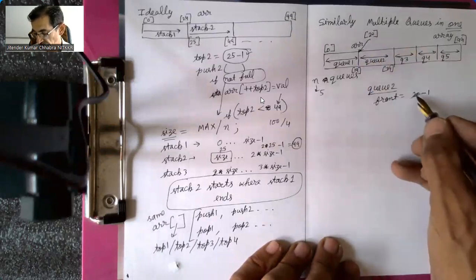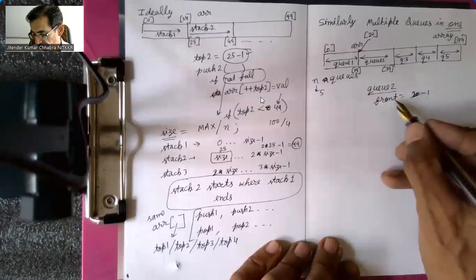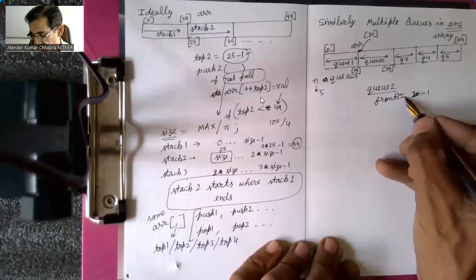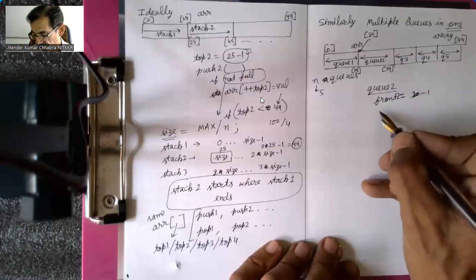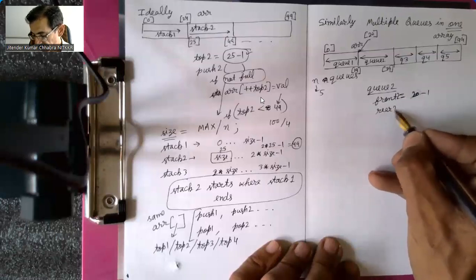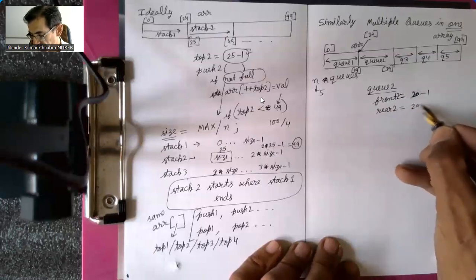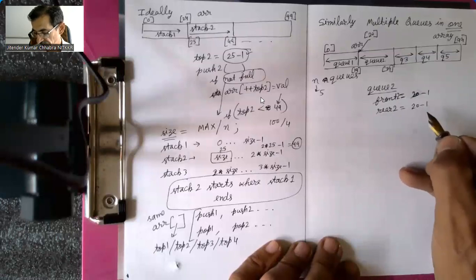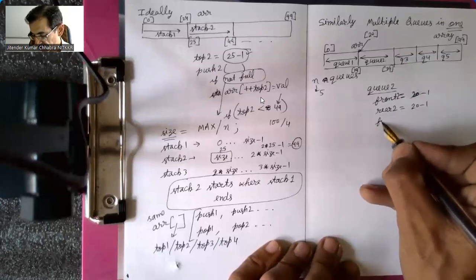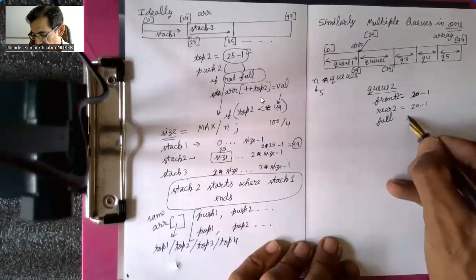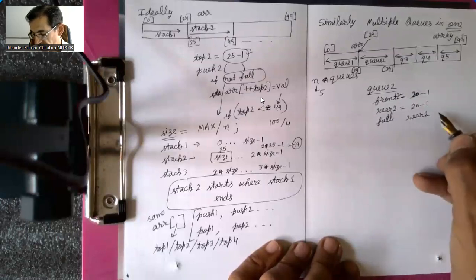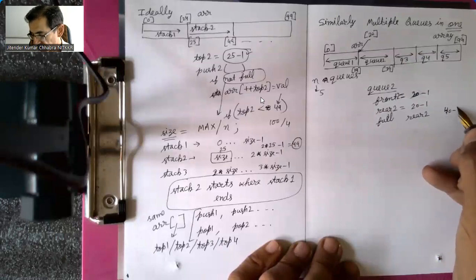From here Q actually starts. So my front 2 variable will be 20 minus 1. Similarly, rear 2 will be 20 minus 1. And the fullness condition will mean rear 2 going up to 39, 40 minus 1.